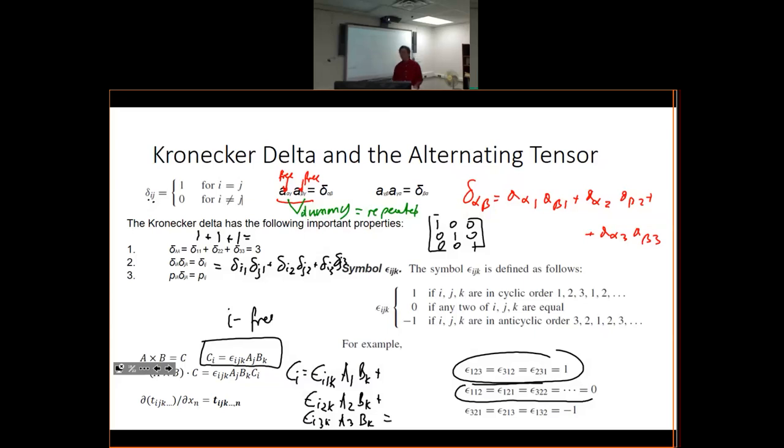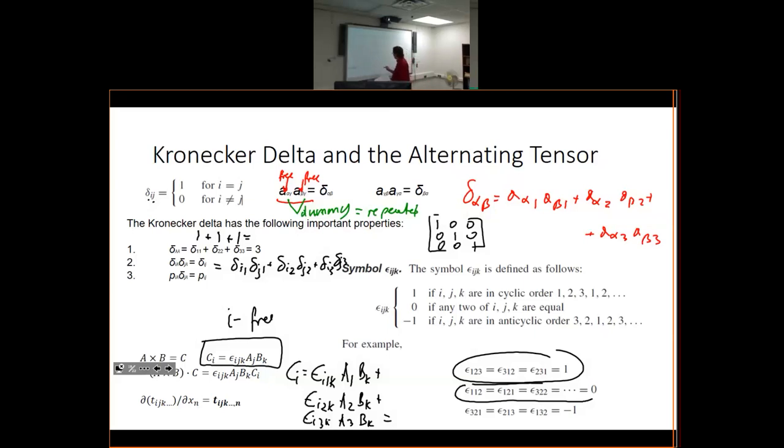As you can see, I first make a summation for only one dummy index, which was j. And now for each term, I can expand this into a summation over k. So this term would be epsilon i1k, and k also 1, so a1 b1, correct? But epsilon with a repeated index is 0, so that will go away.